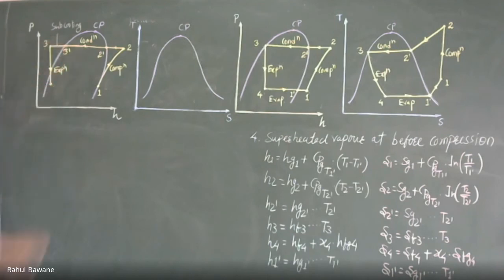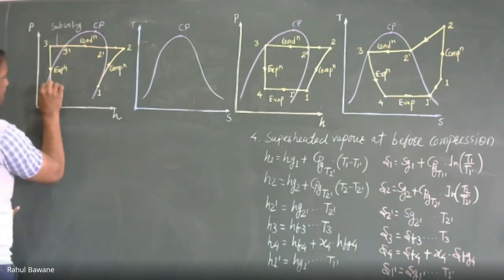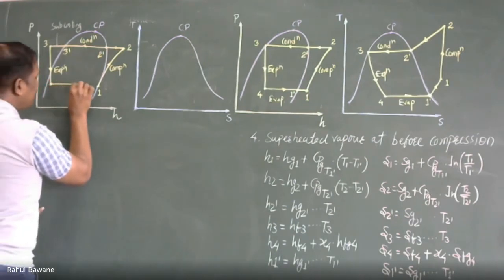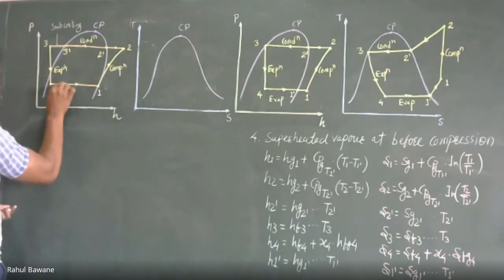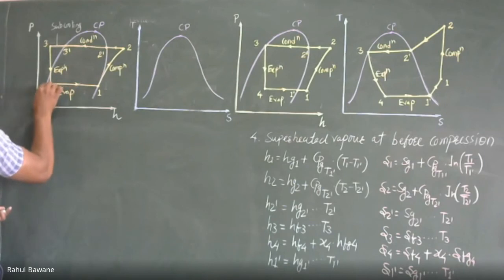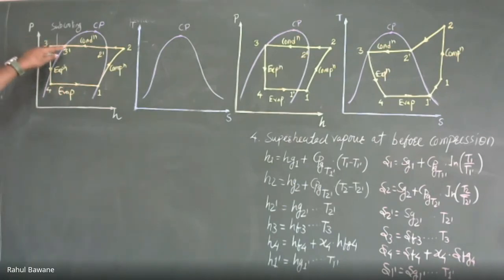So enthalpy remains the same. In this condition, refrigerant enters the evaporator where it extracts latent heat and reaches dry saturated vapor. This is evaporation. So this is subcooling, degree of subcool. This is degree of superheating.